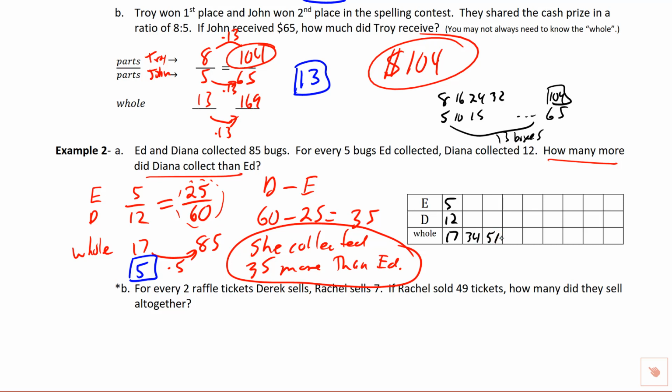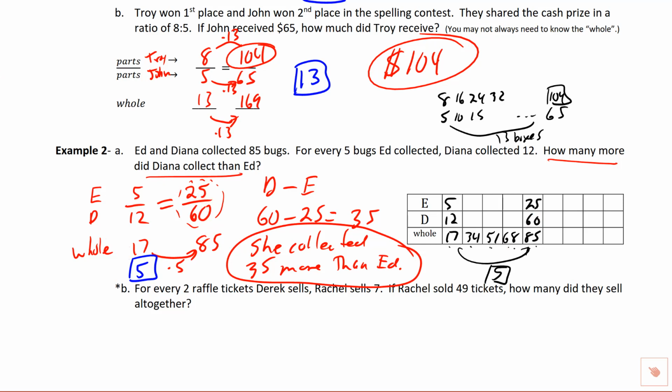The next one would be 68 and then 85. So notice 1, 2, 3, 4, 5 boxes. So there's our scale factor of 5, and then we'd multiply by 5, that would be 25, and multiply by 5, and that would be 60. Again, kind of a pain. I really like this other method better.